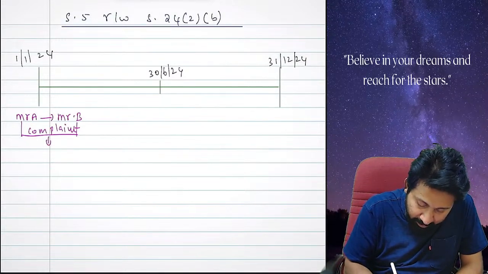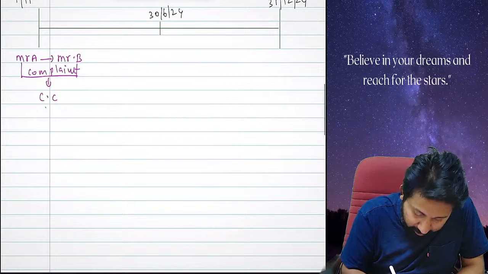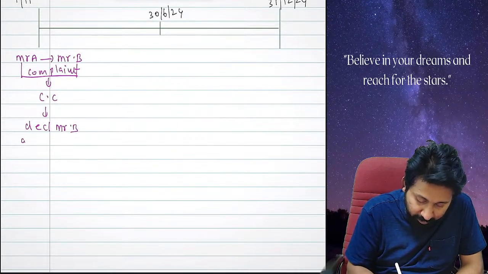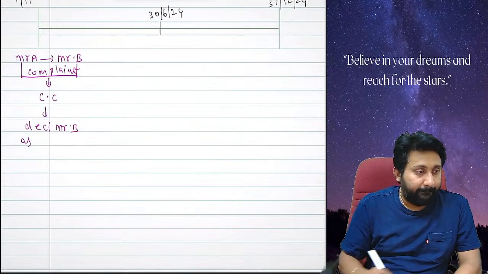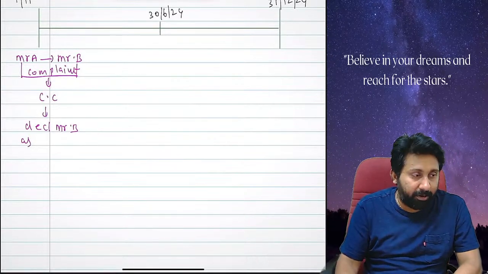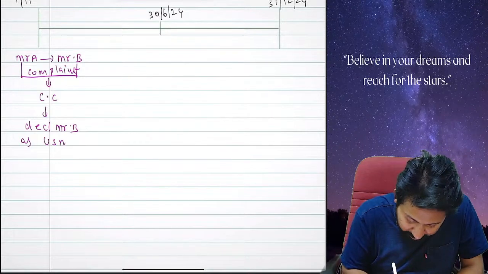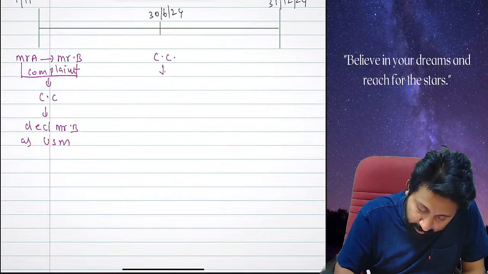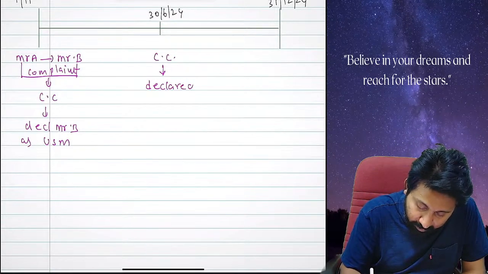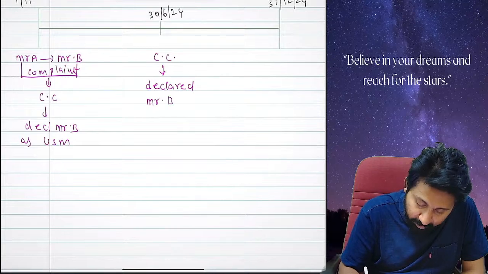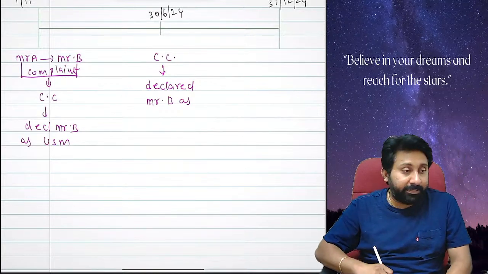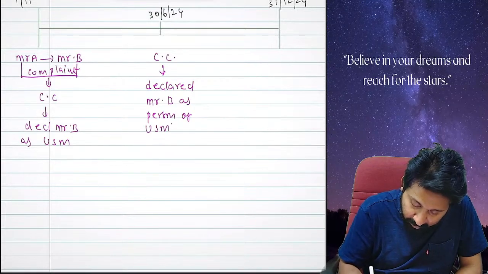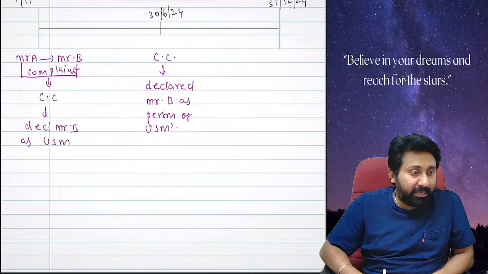Against B in a competent court. Raised a complaint against Mr. B in the competent court to declare Mr. B as unsound mind. The competent court declared Mr. B as a person of unsound mind.